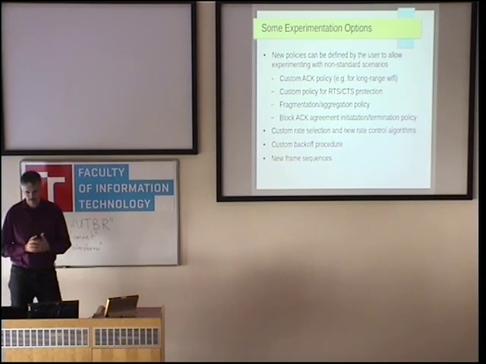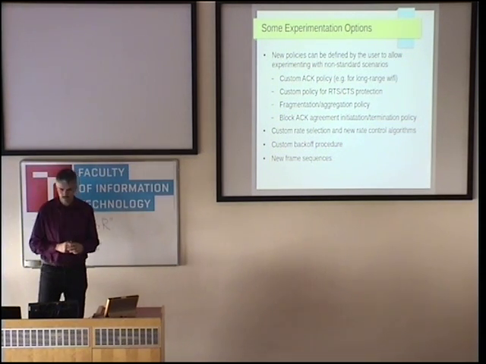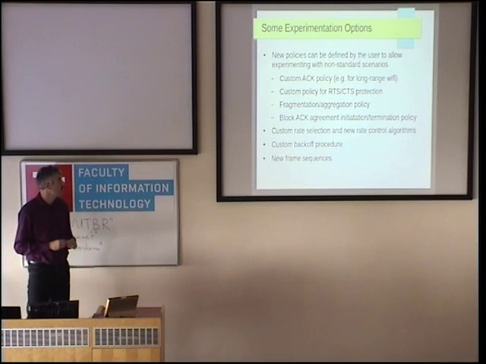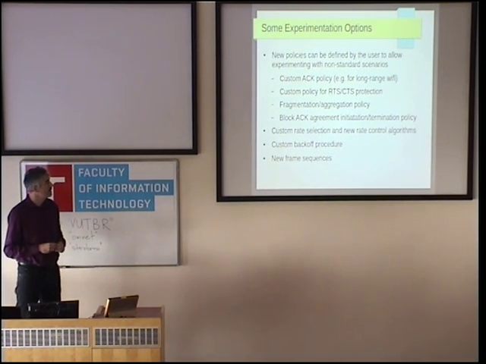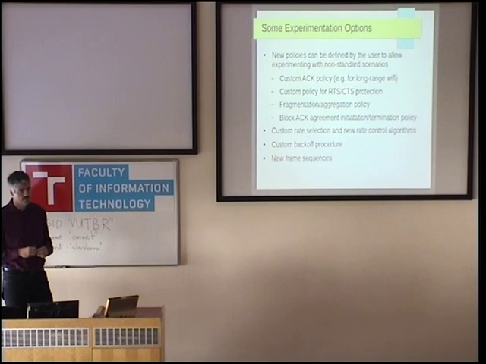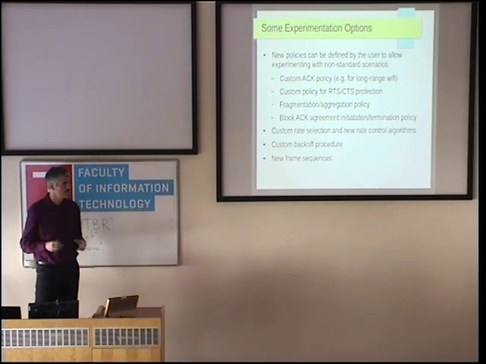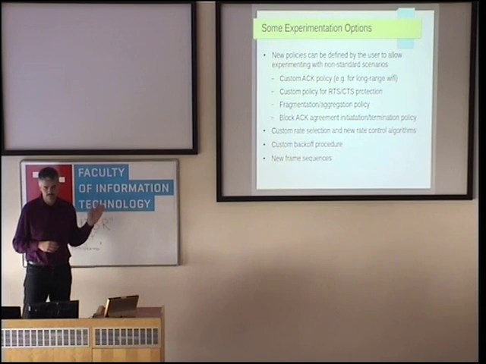Okay, some experimentation options. As I mentioned before, we designed the MAC with experimentation in mind, and the most obvious example for experimentation is policies that allow researchers to try out non-standard behavior. Here are a few examples.